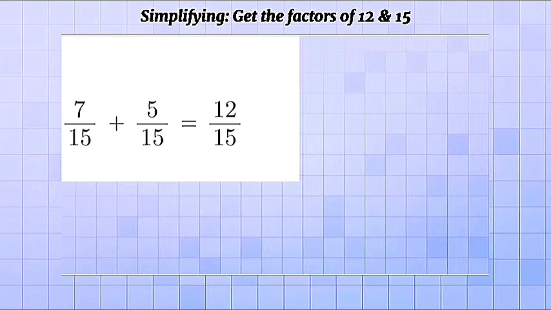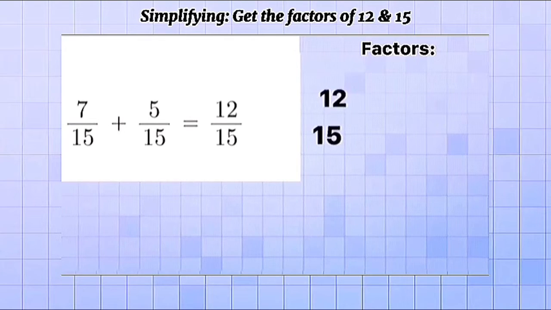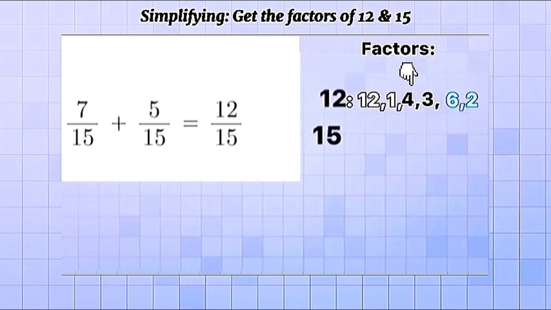Simply get the factors of the numerator 12 and denominator 15. 12 has factors of 12 and 1 because 12 times 1 is 12, 4 and 3 because 4 times 3 is 12, 6 and 2 because 6 times 2 is 12. 15 has factors of 15 and 1 because 15 times 1 is 15, 5 and 3 because 5 times 3 is 15. Are there any other factors of 12 and 15? Well, that's all the factors of 12 and 15.